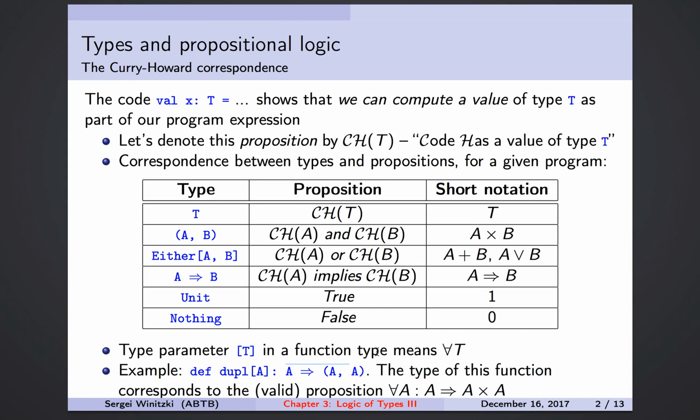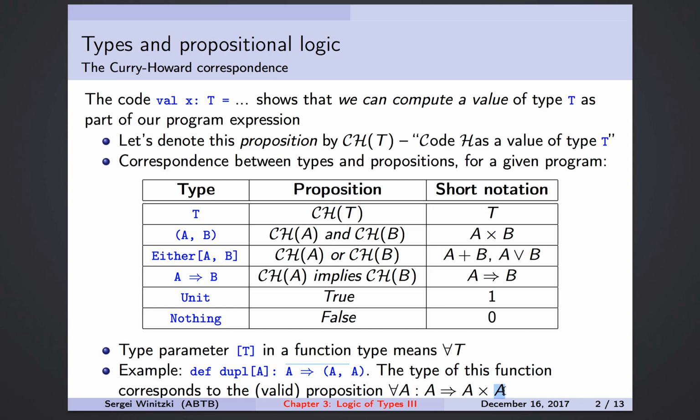In the logical language, this corresponds to this logical proposition. For any A, from A follows A and A, because I'm using this symbol for the logical AND. Now, if you think about this proposition, it is valid. Indeed, no matter what A is, if A is given, then A is true and A is true.